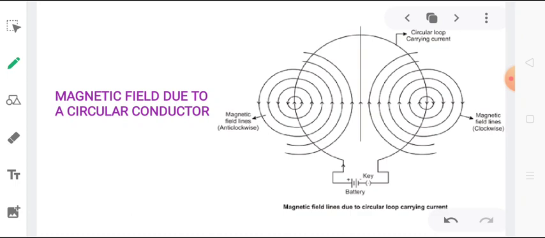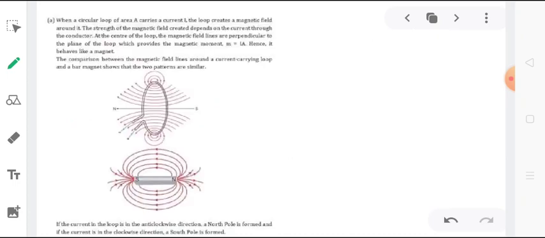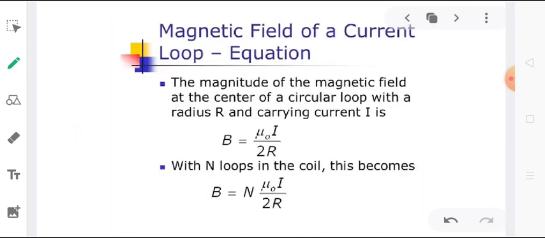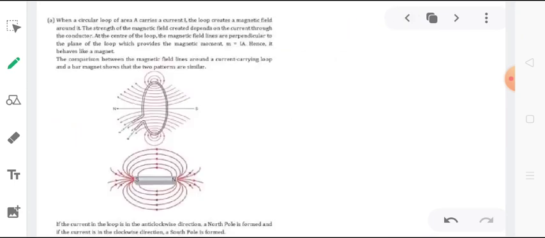Now, how can this field pattern be obtained? First of all, you should know how this field pattern can be obtained. This field pattern can be obtained very easily when we make use of a similar setup just like for a straight current carrying conductor.